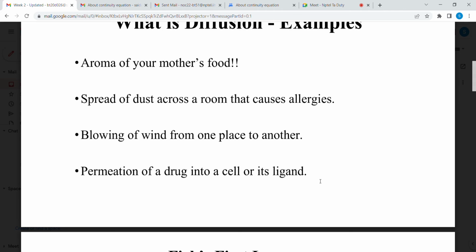When you add a drop of ink into a glass of water, what you create is called a concentration gradient. And why is there a concentration gradient? Because in some part of the system there is a higher concentration of a different class of molecule, in this case ink, when compared to other parts of the system being the solvent.